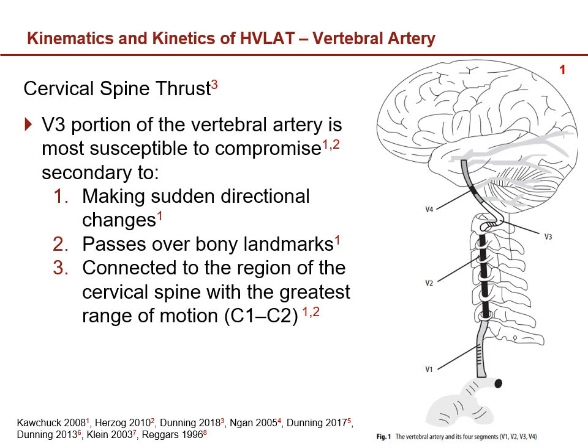And the area of highest suspicion is this V3. This is the portion of the vertebral artery that is potentially compromised, makes sudden directional changes, passes over bony landmarks, and is connected to the region of the cervical spine with the greatest ranges of motion, C1 and C2.